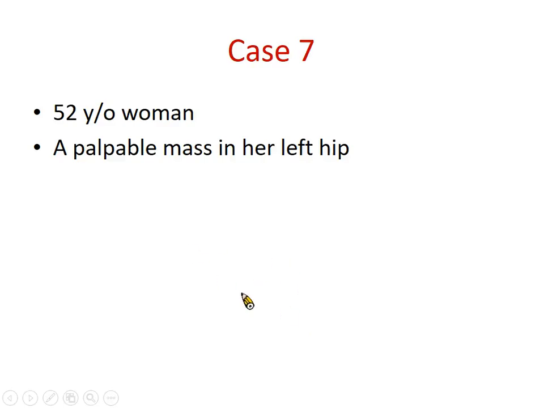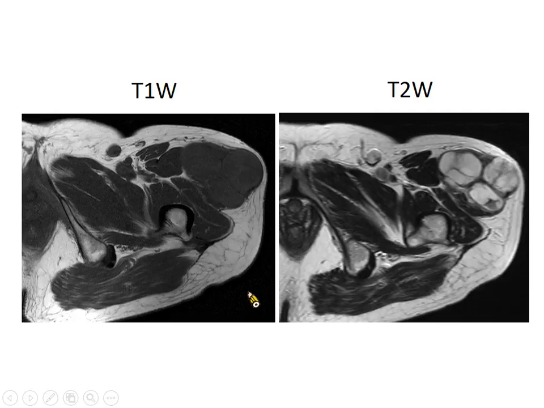Case 7, 52 years old woman, the palpable mass in her left thigh. A little bit difficult. So let's see, the tumor is lobulated, cystic component, and not only one cystic, but 3 combined, union together.